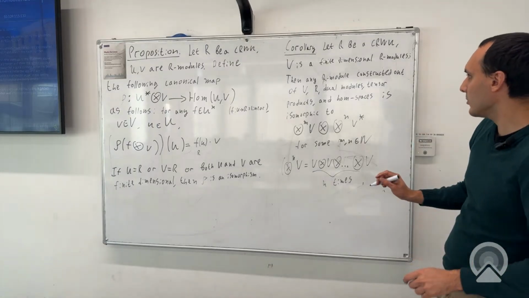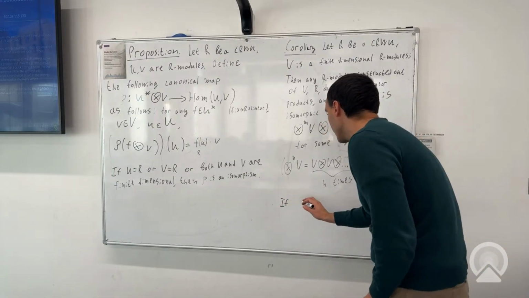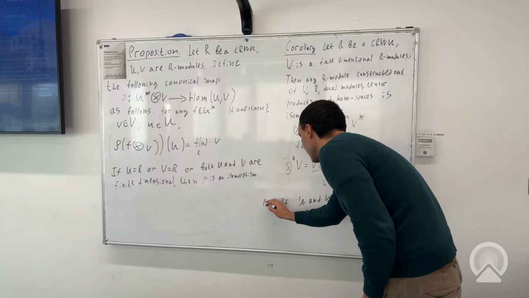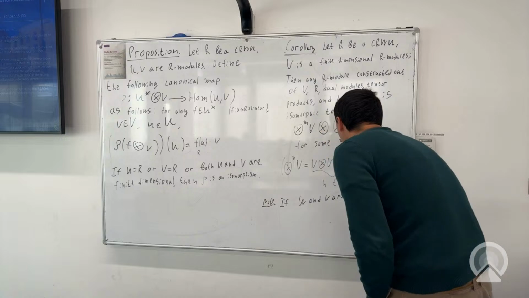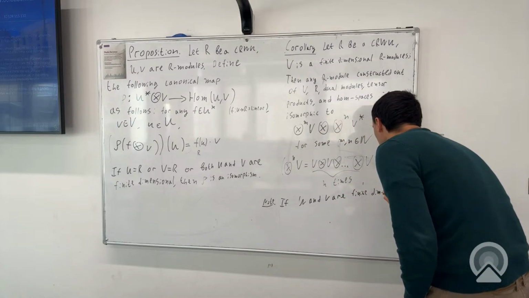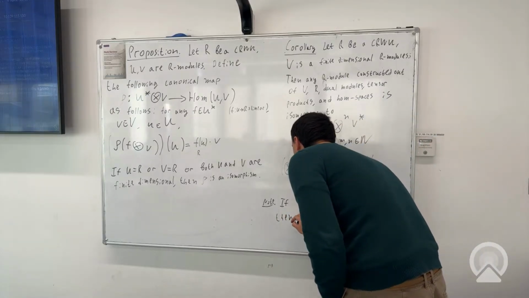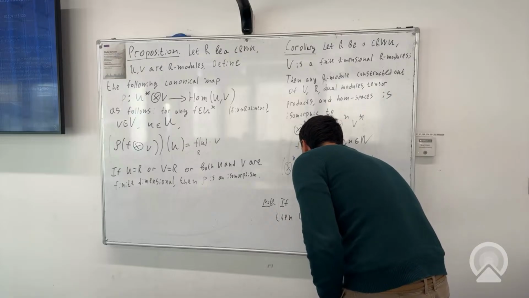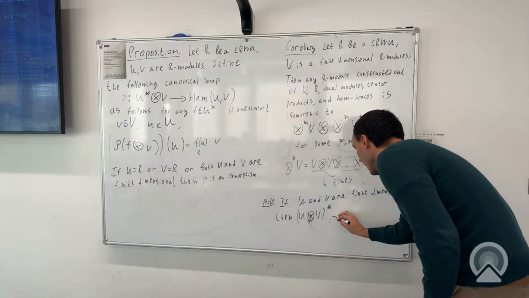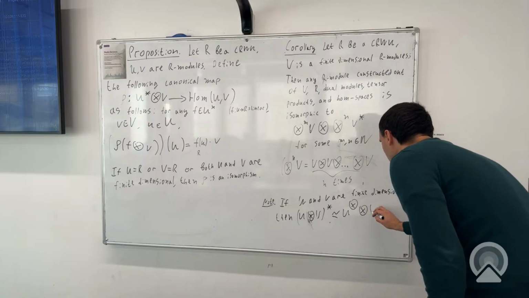Also, a side note, I didn't write it, but I thought maybe I should put it. Another identity: if U and V are finite dimensional, then U tensor V star is isomorphic to U star tensor product with V star.